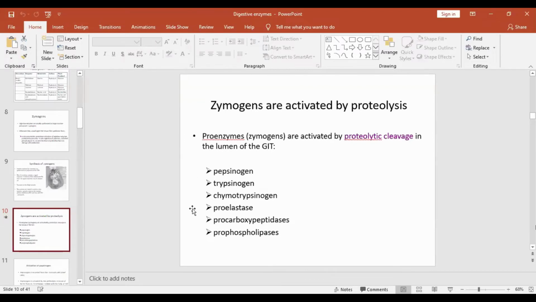I have already told why enzymes are necessary to be synthesized in inactive form: if they are synthesized in active form, they may digest the same cell or tissue that synthesizes them. That is called autodigestion, or autolysis, and to prevent it, they are synthesized in inactive form and are called proenzymes or zymogens.